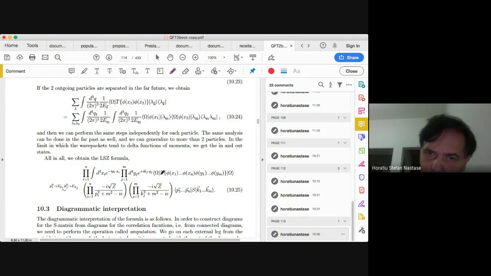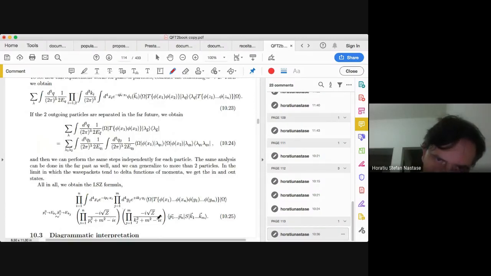So the n plus m point function with m factors with e to the iky for the incoming states, and n terms with e to the minus ipx for the outgoing states, and then we get the S matrix.